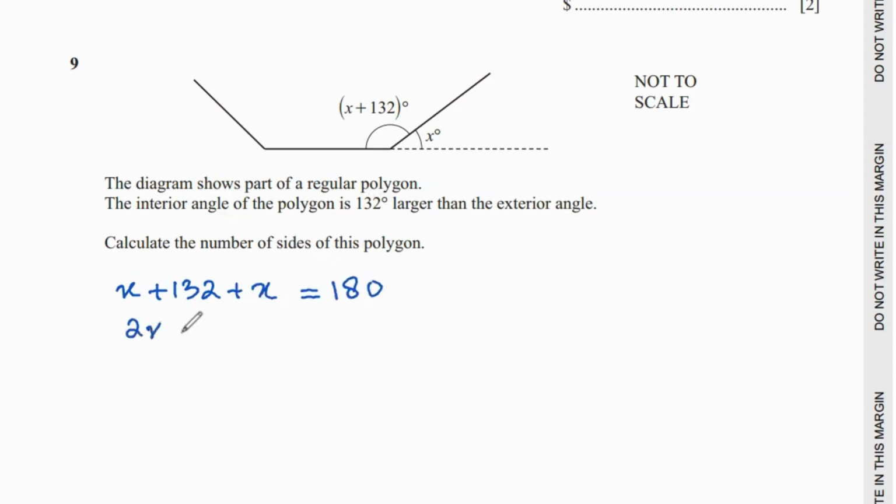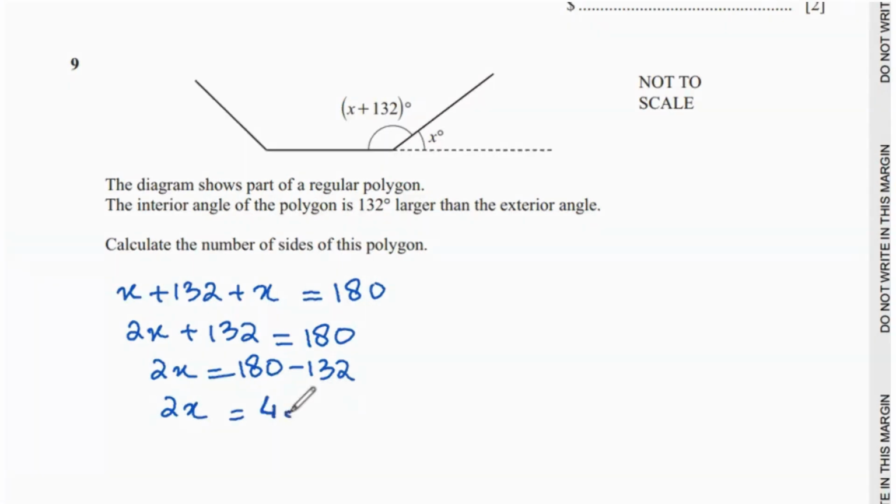So that's 2x plus 132 equals to 180. 2x equals to 180 minus 132, which basically equals to 48. X would be 48 divided by 2, which basically equals to 24.